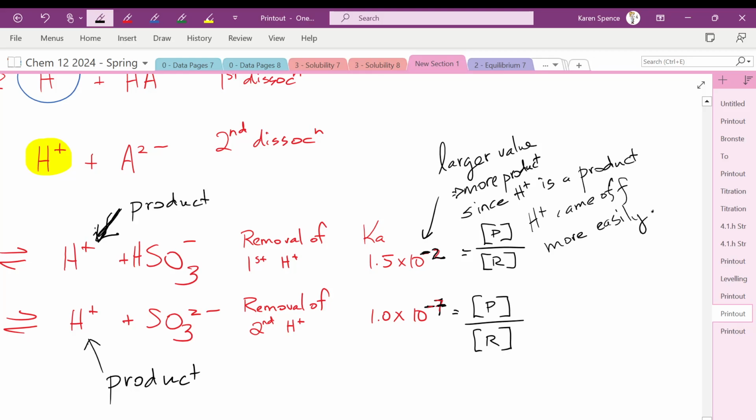Is that making sense? Yeah? Good. Did you have a question? How do you notice? Because you say it's stronger, therefore it dissociates more. Yeah. Stronger acids dissociate more than weaker acids.